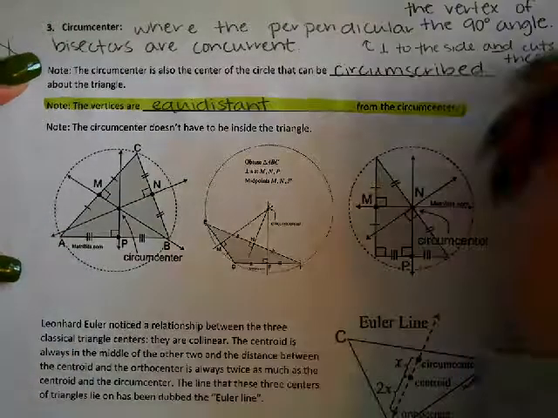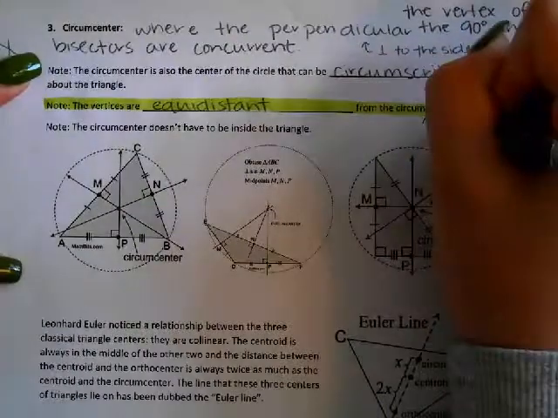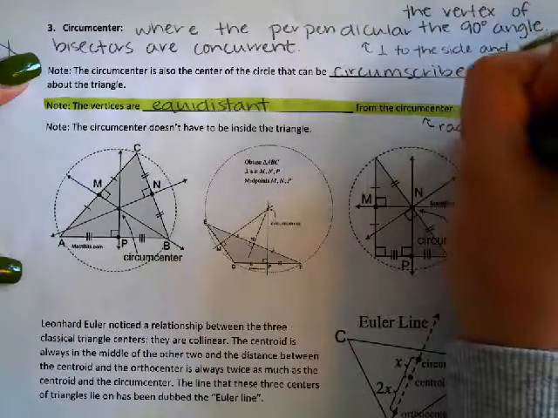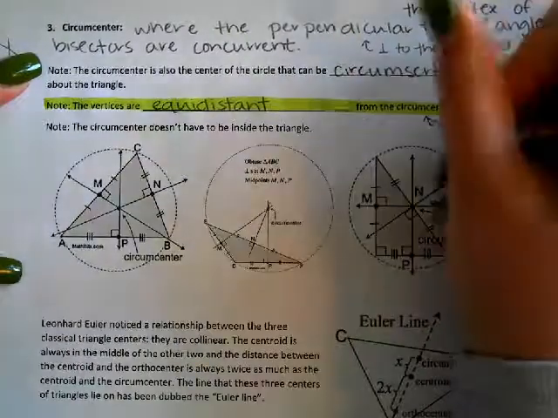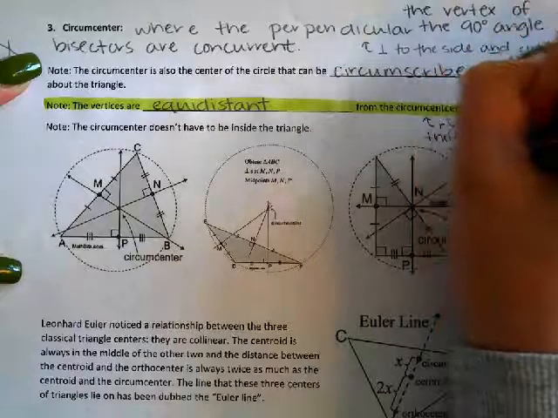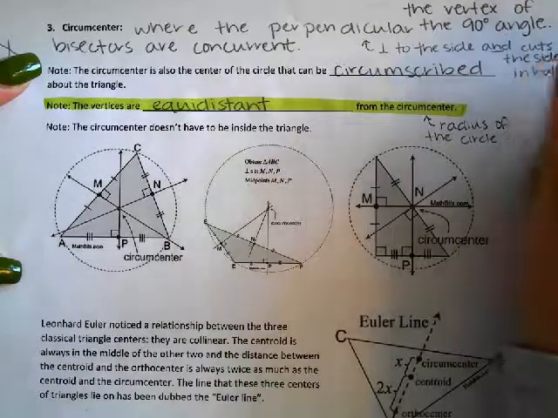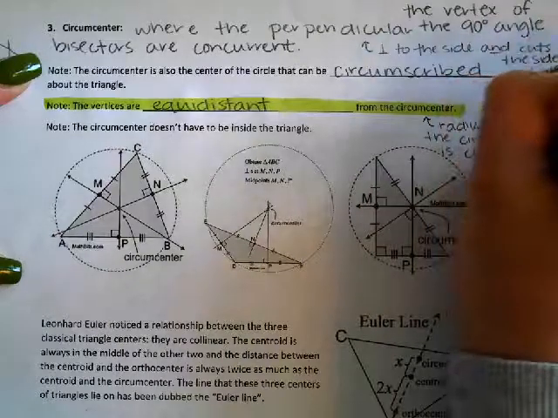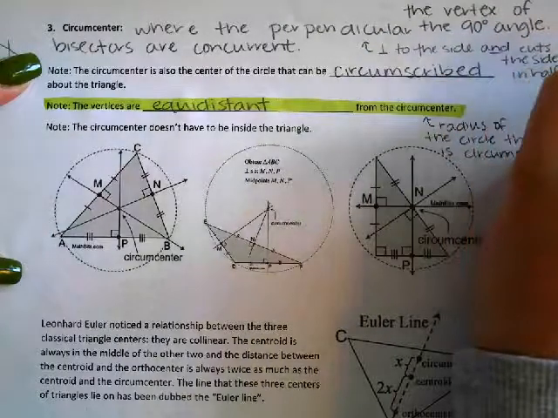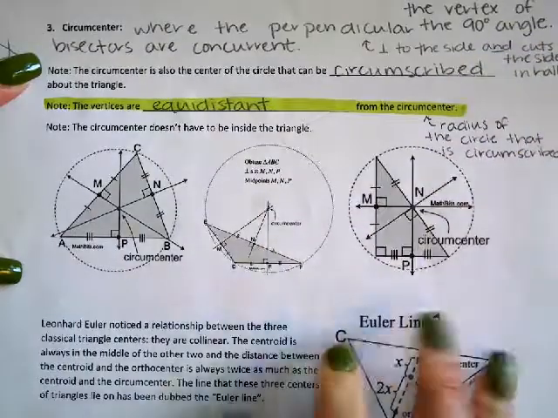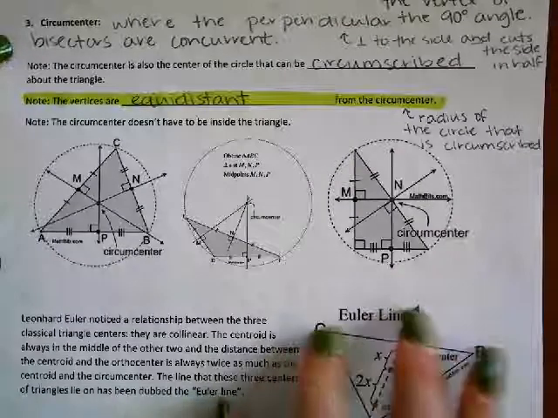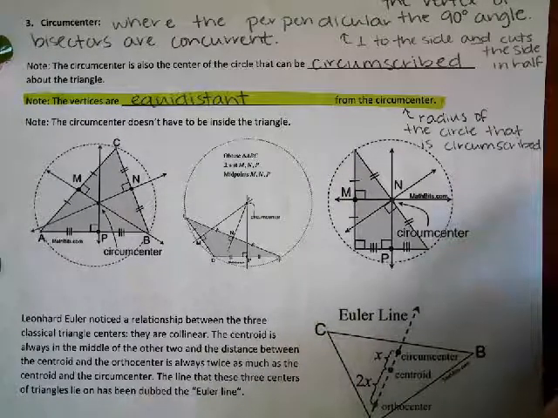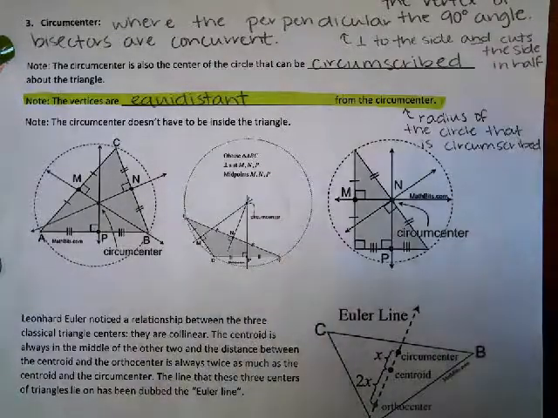Okay, the vertices are equidistant from the circumcenter. They're actually the radius of the circle that is circumscribed. Or the distance is the radius anyway.